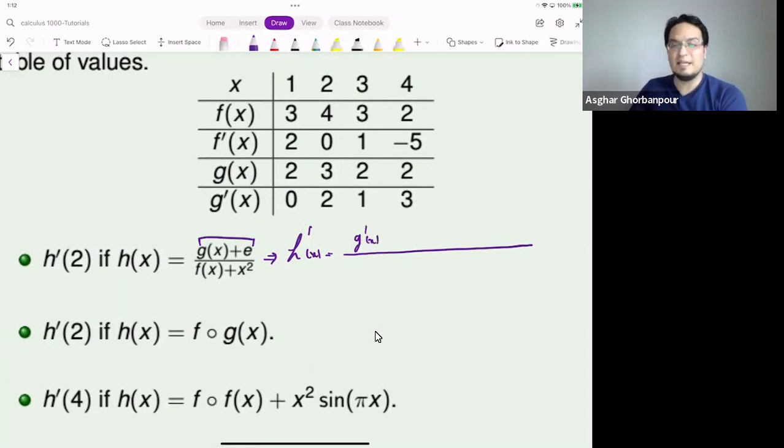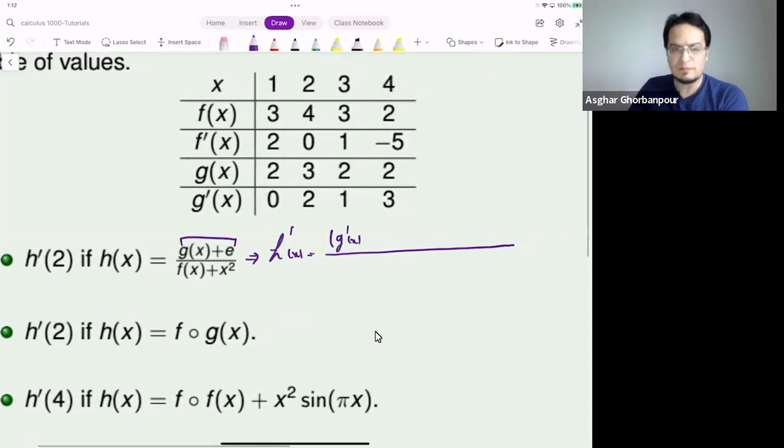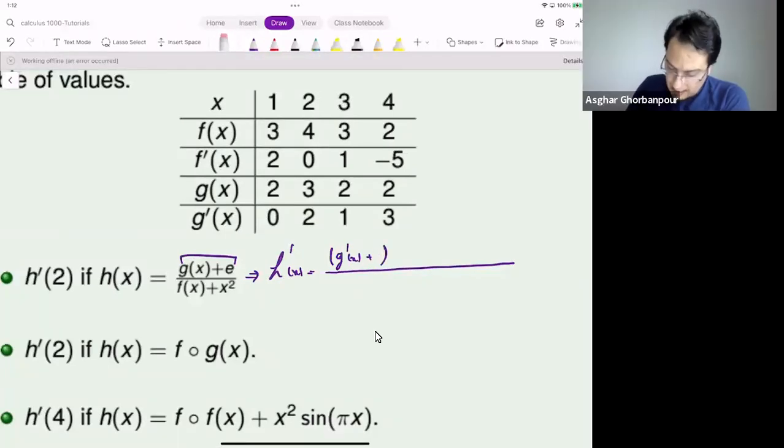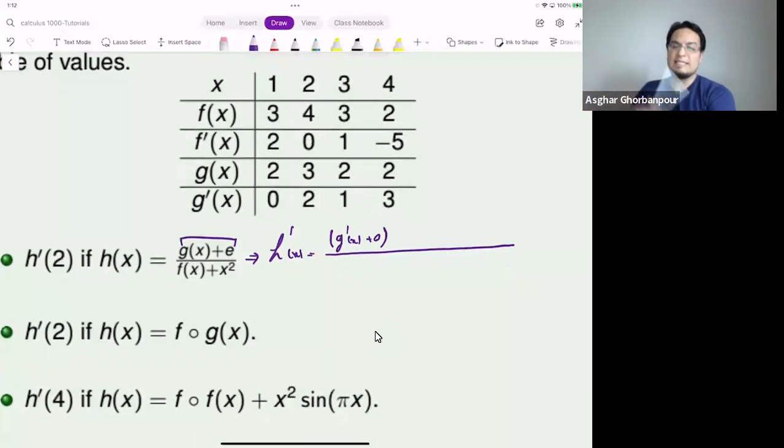Derivative of e, can anyone tell me what is the derivative of e? 0. Don't confuse e with e to the power x. E to the power x is a function, sends x to e to the power x. E itself is just a constant, like 1, 2, 10, negative pi, pi, e. All these guys are constant.